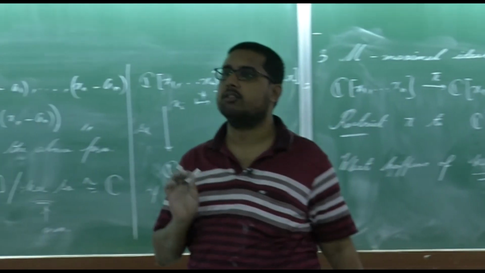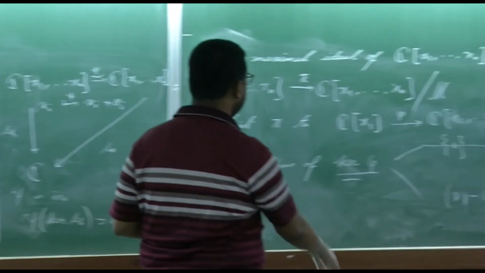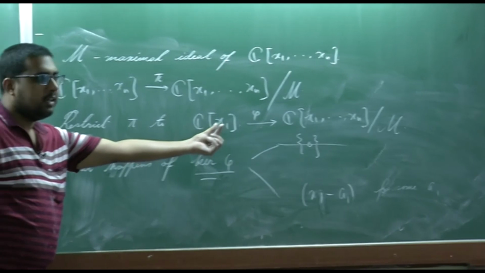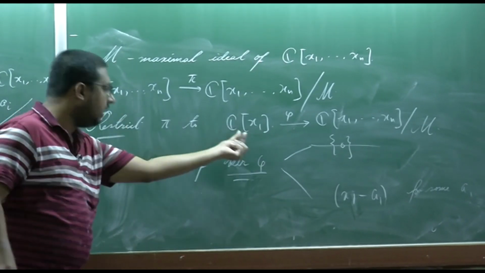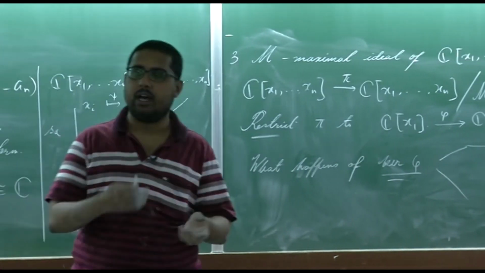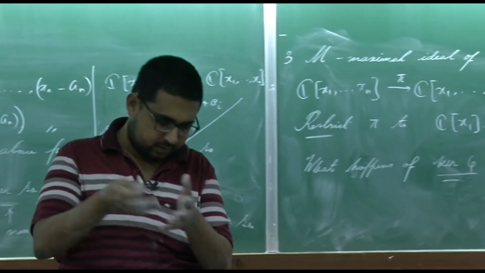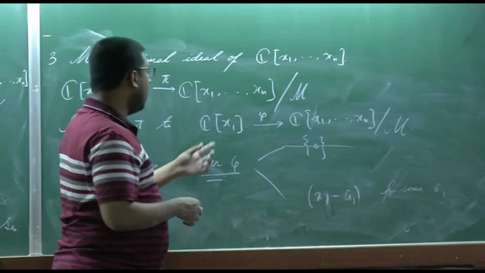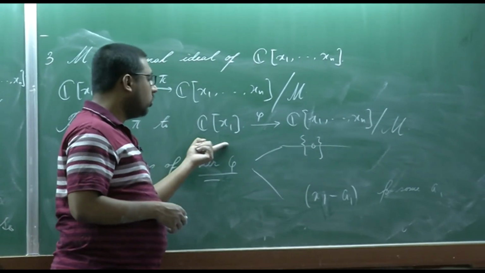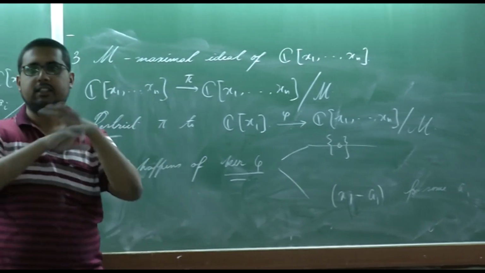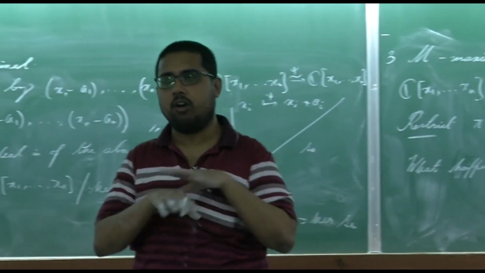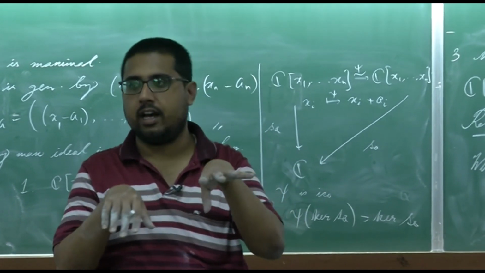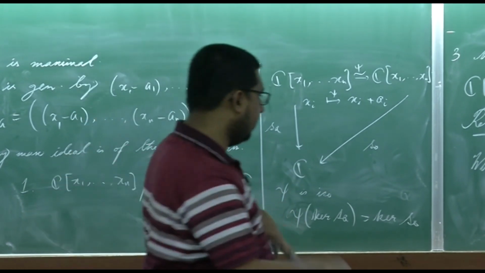Not only that, I should have been more precise: not just restricting this to C[x1], but to any C[xi]. Suppose I am able to show that after restricting this pi to all the C[xi]'s, the kernels are not going to be trivial.